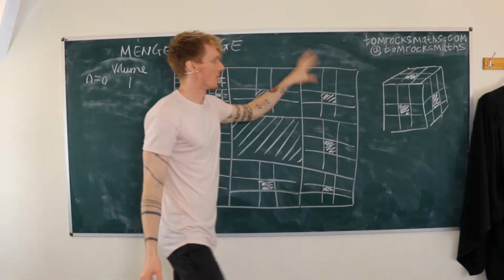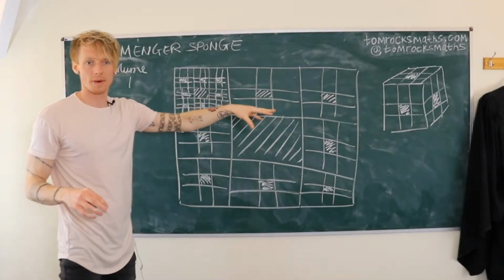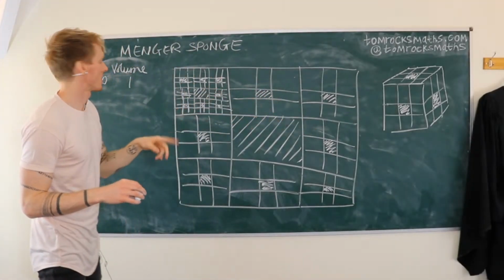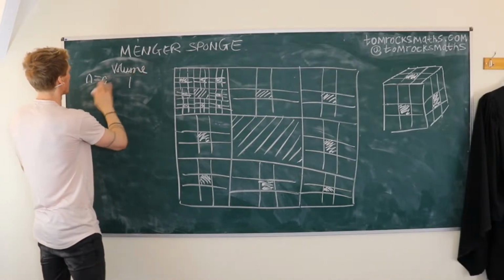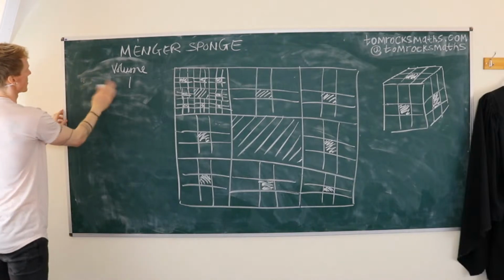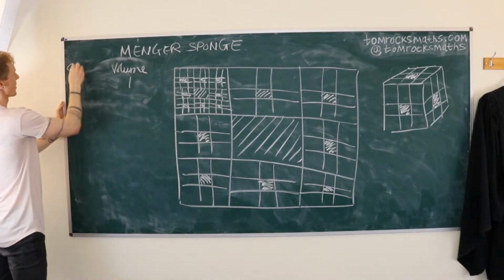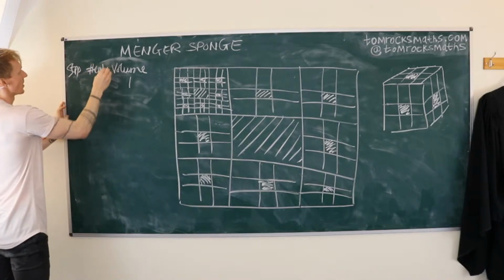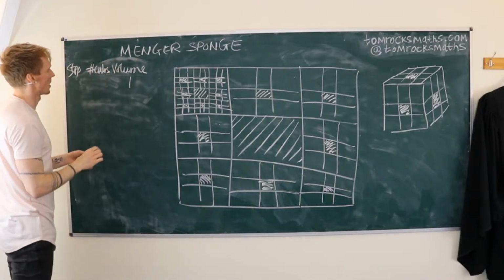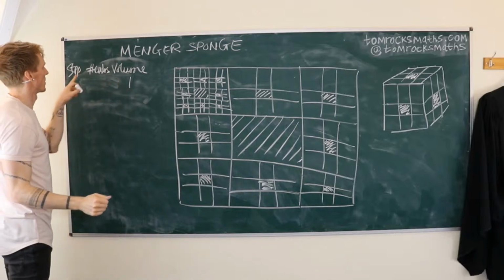And then we turned it into 27 cubes. I probably should write a proper table. Okay, so this is going to be the step. Then we want to know the number of cubes. And then we want to think about what the volume will be.